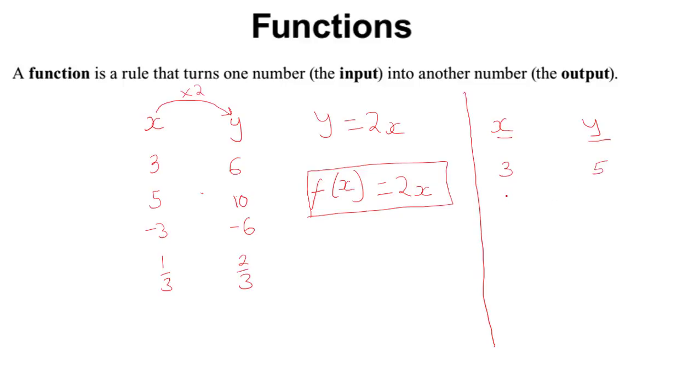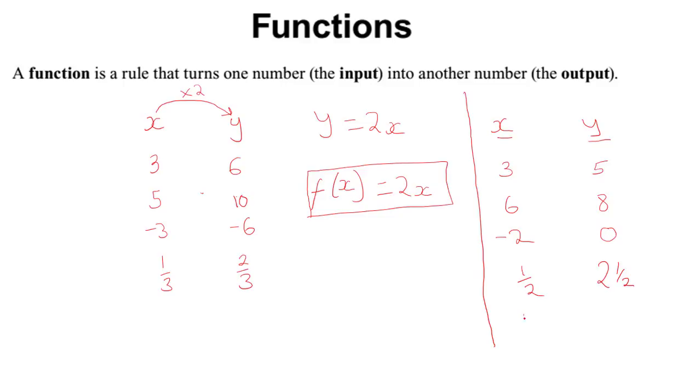If I start with 6, adding 2, I will get 8. If I start with -2, if I add 2, I'm going to get 0. If I start with a half, if I add 2 to that, I'm going to end up with 2.5. So in this function, we can see that we're adding 2 to x to find what y is.